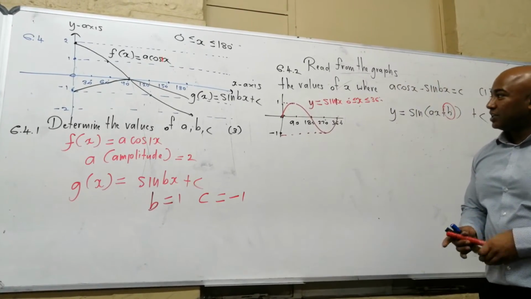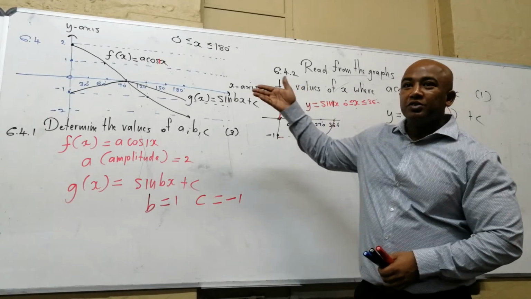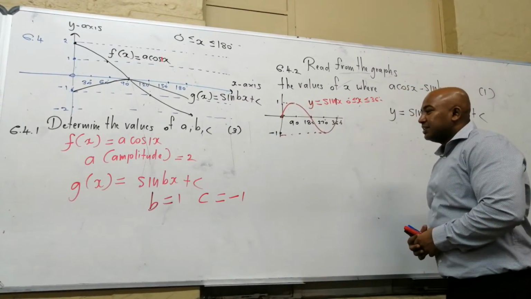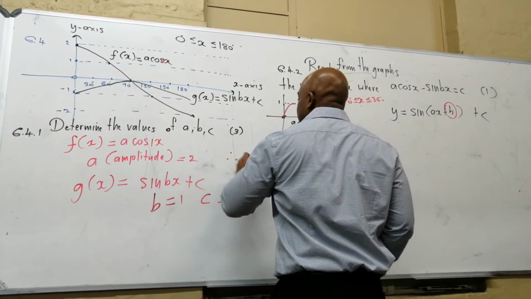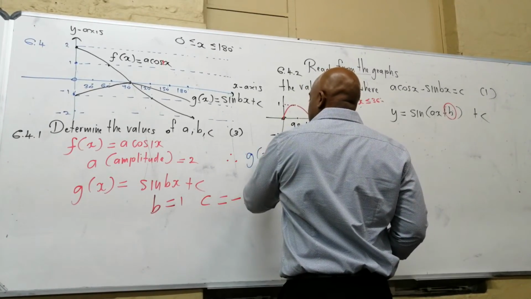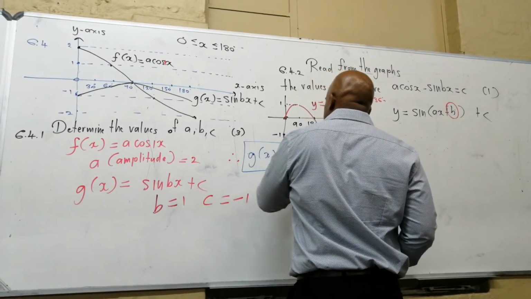So you have to look at the original graph and understand what happened from the original graph to any other graph that's given to you. Alright, so your c is -1 there, so therefore g of x is equal to sine x minus 1.